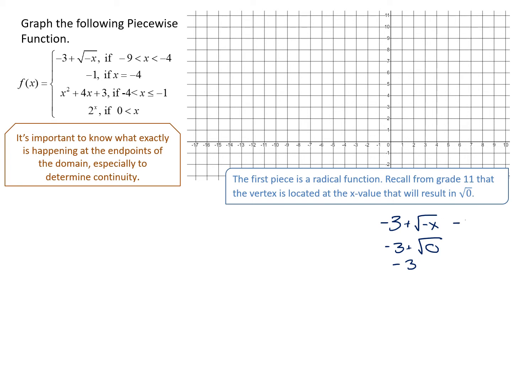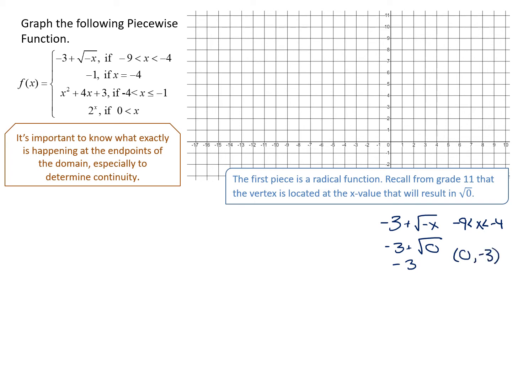The domain is negative 9 is less than x, which is less than negative 4. So my vertex isn't even going to be in the piece that I'm allowed to draw here. So it's nice to know where the vertex is. Very important when you're doing radical functions, but for this one, we're not even going to include it. The sub in is 0, we get a negative 3.